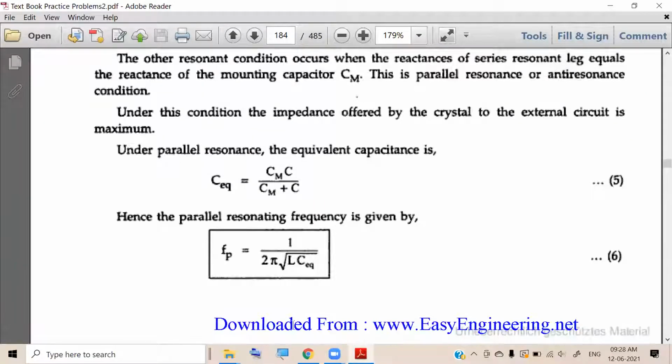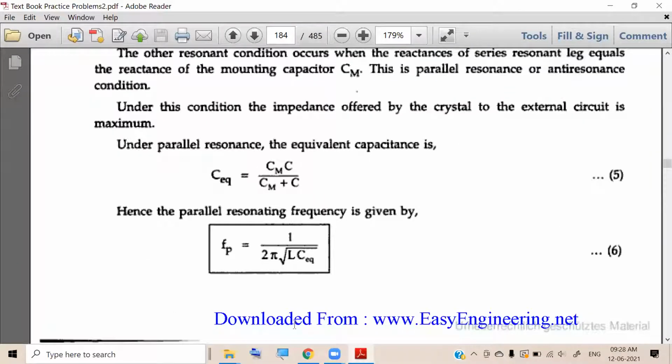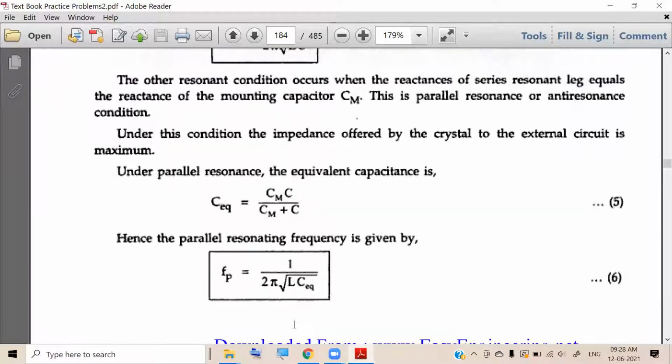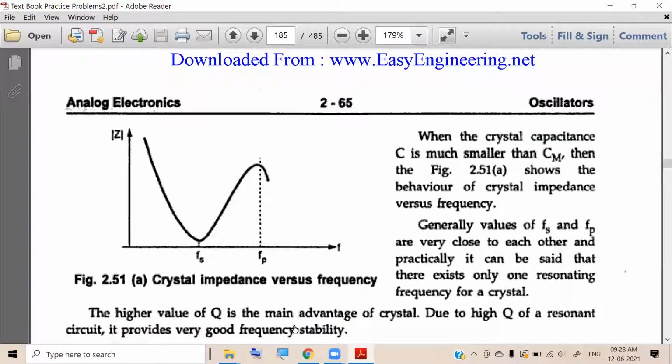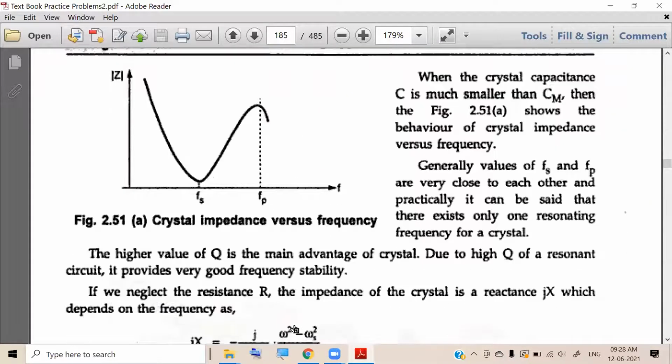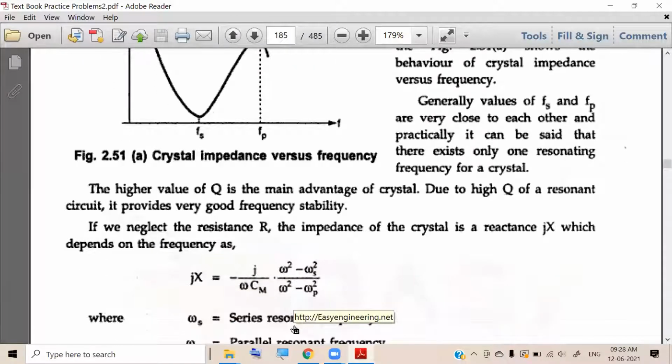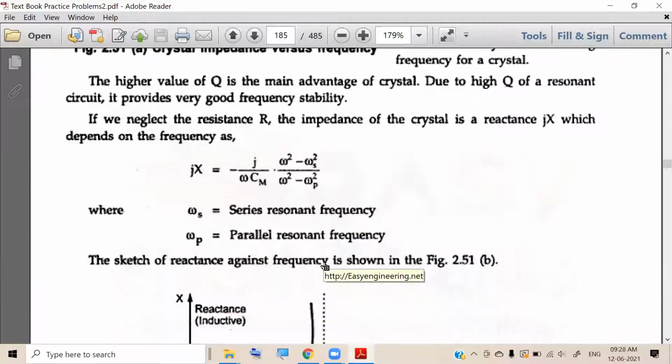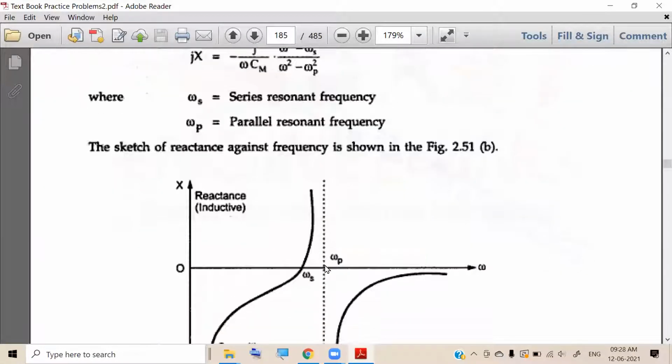So the condition the designer has to take care of is that Cm is much greater than C. That is, the parallel mounting capacitor should be much greater than the internal series capacitor. Anyway, all this we have discussed so far.